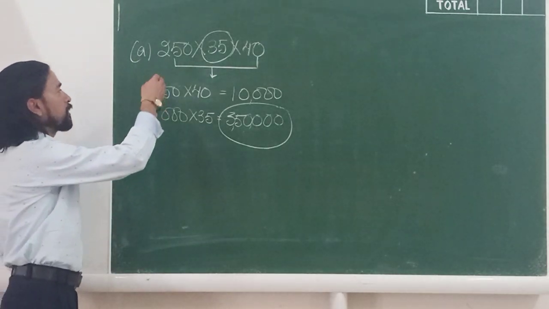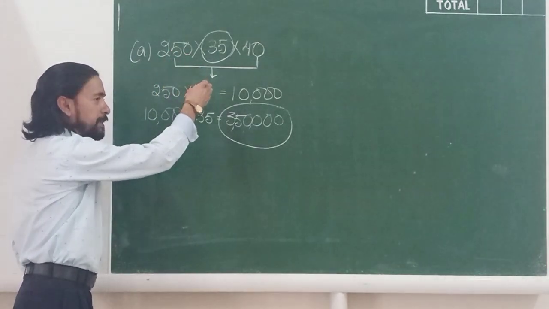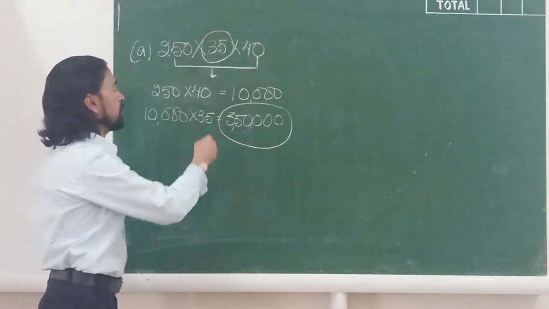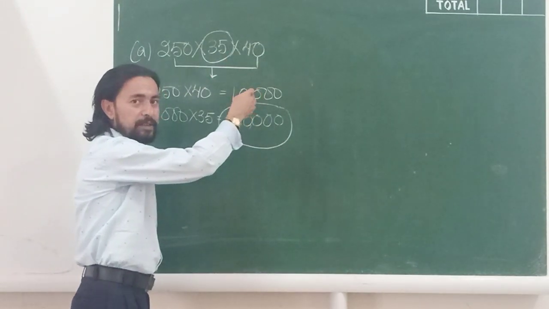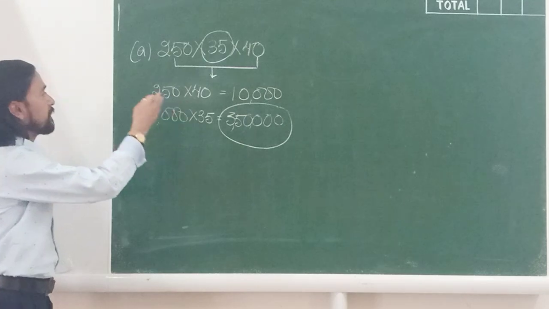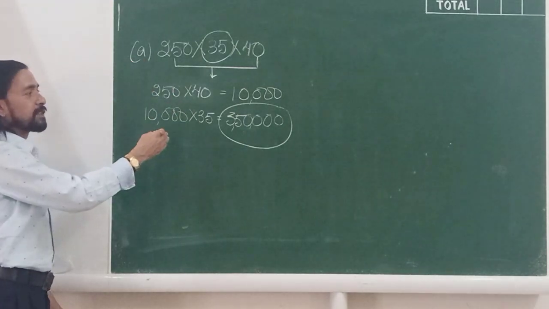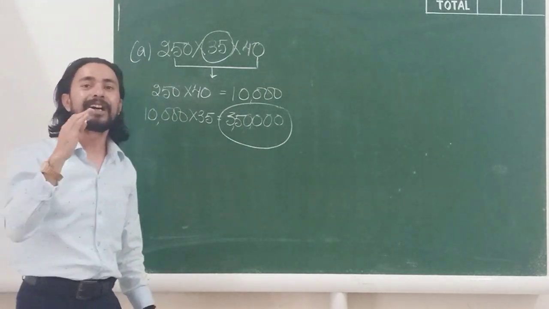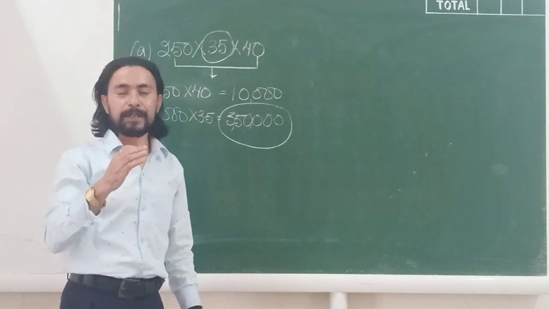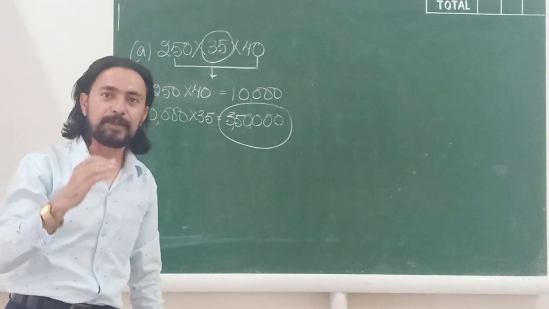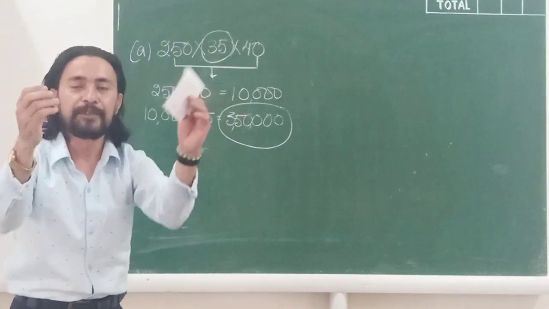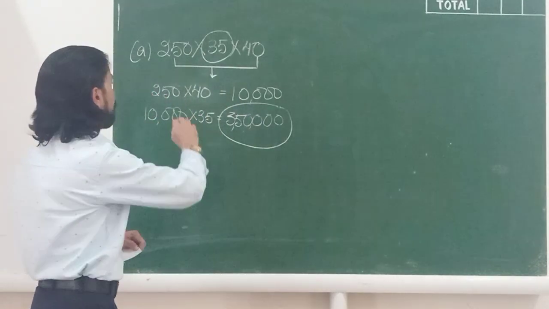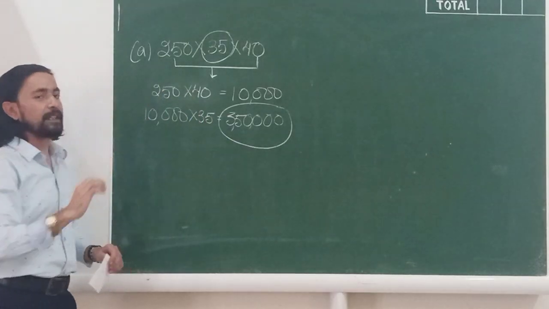I don't have to take 250, then multiply it by 35, get an answer, then multiply that answer by 40. This is called getting your answer by using suitable arrangement. That means you're using an arrangement that is suitable or comfortable to you in order to get your final answer.